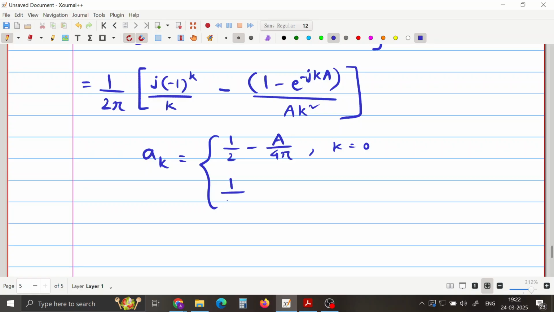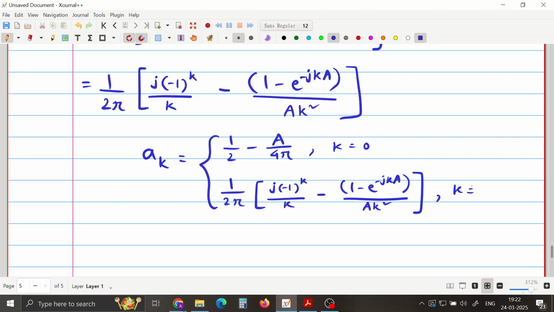And for generally k not equals to 0, I am having this form.